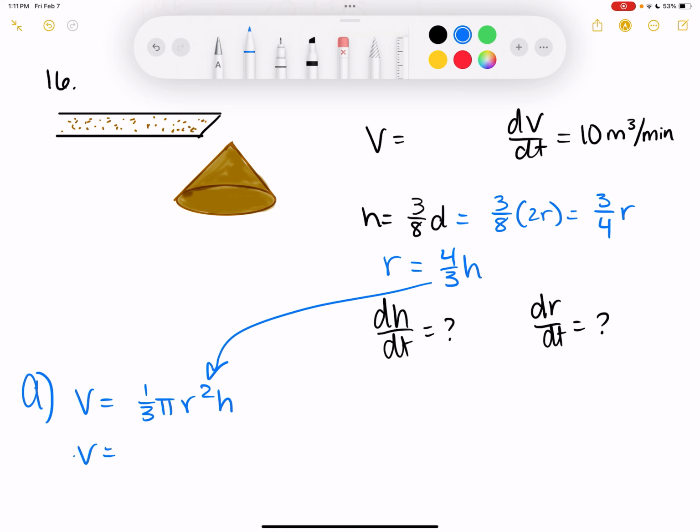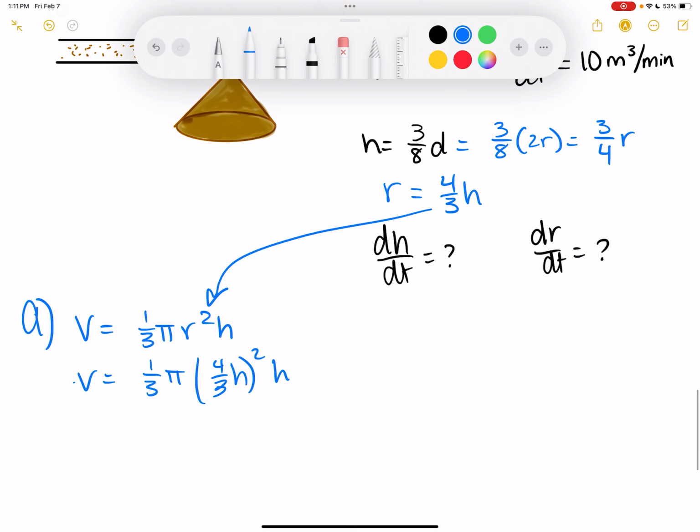So V equals 1/3 pi times 4/3 h squared times h. So that's 16/9 times 1/3 is 16/27. So we've got 16/27 times pi times h cubed.